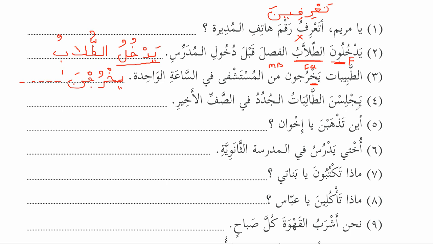Yes, it is correct. Yajlisna. But when the sentence starts, you should not use the plural form. It's tajlisu. Remember, a single feminine, tajlisu. So it's tajlisu at-tabibatu al-judud. Now one may ask about the judud.